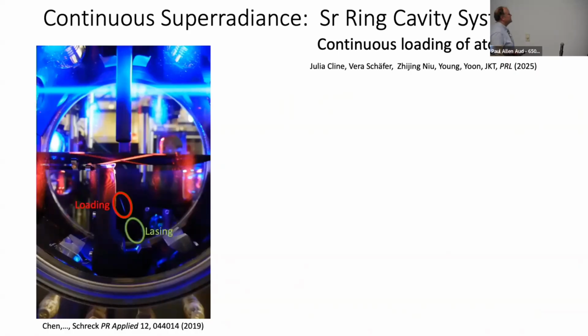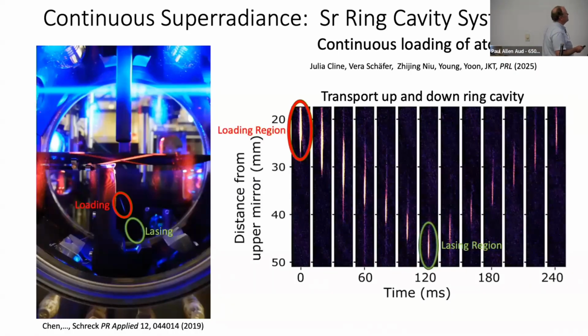One of the reasons we want a ring cavity is we'd like to load atoms into this region with laser cooling beams and then transport them in a moving conveyor belt inside the cavity into this lasing regime where they don't see lasers, and therefore the transition frequency isn't being perturbed or broadened. Okay, so here's just some examples of some camera images where we do the transport over here.